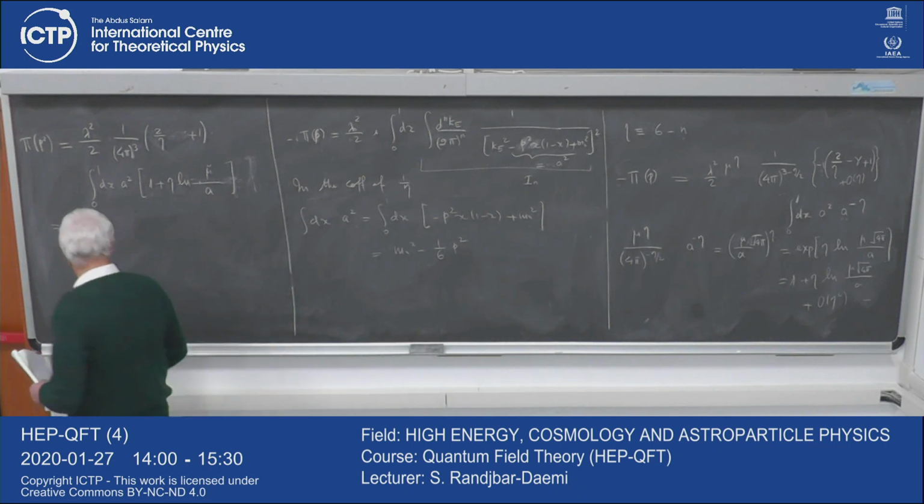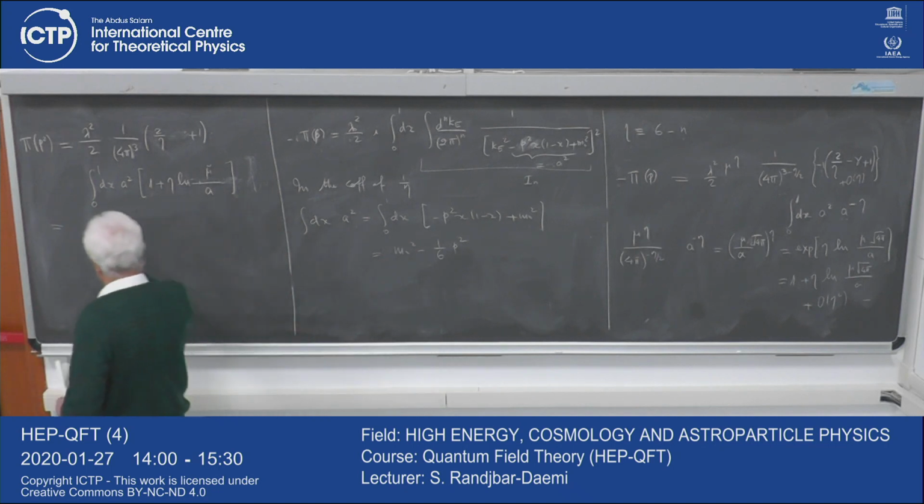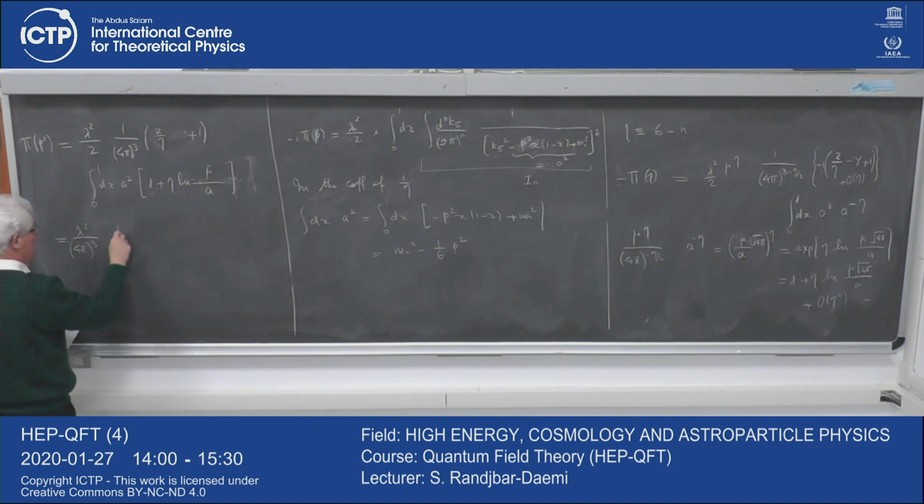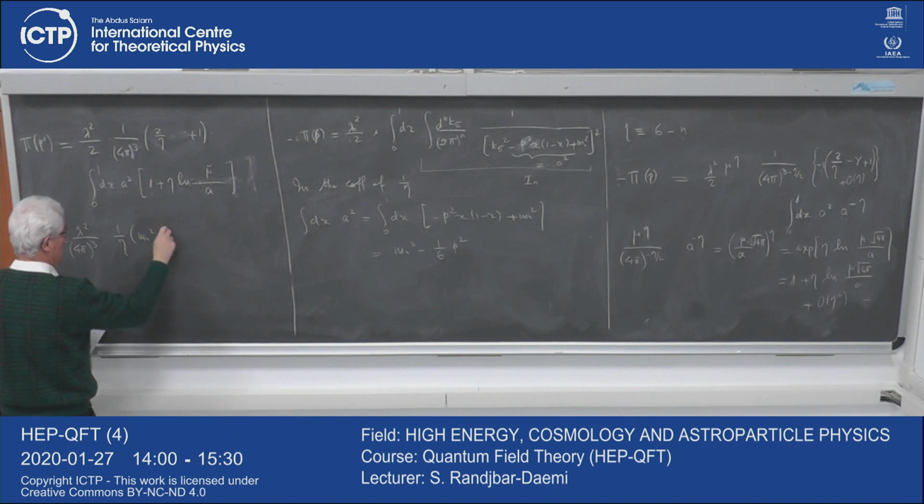So I'm going to write that object here. There is a 2 here and there is a 2 there. Therefore, in the singular terms, we will get lambda to the power 2 divided by 4 pi cubed times 1 over eta times m0 squared minus 1/6 of p squared.